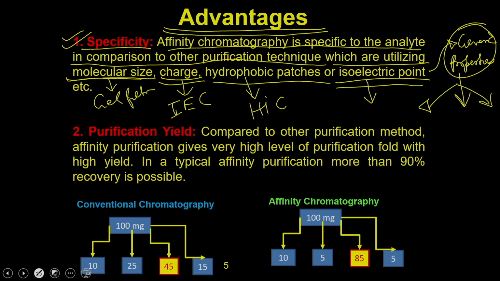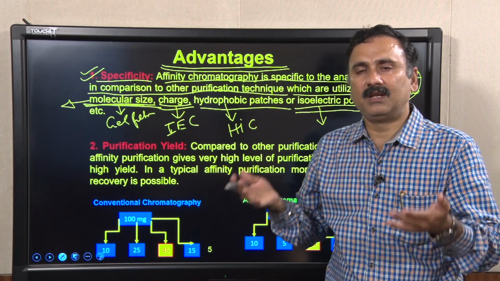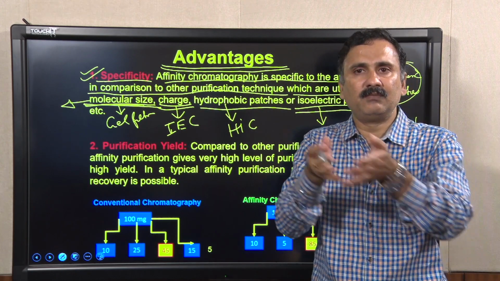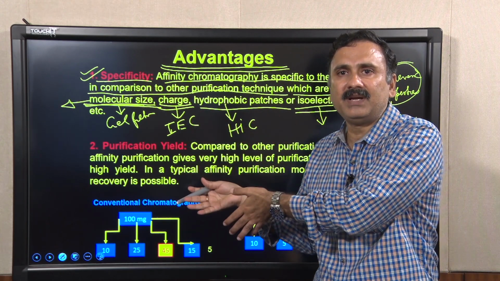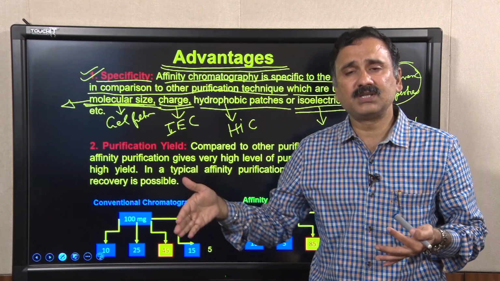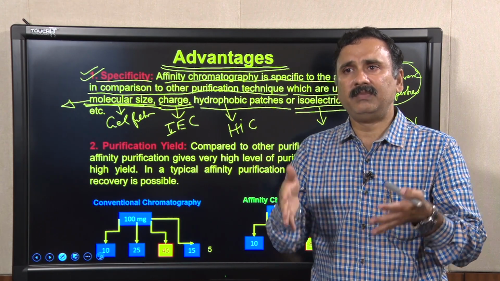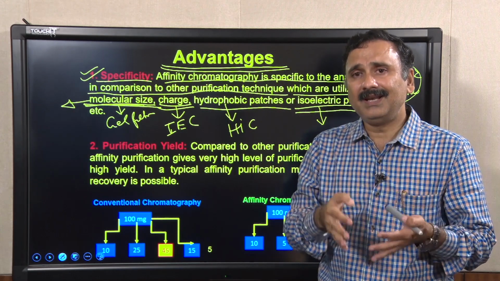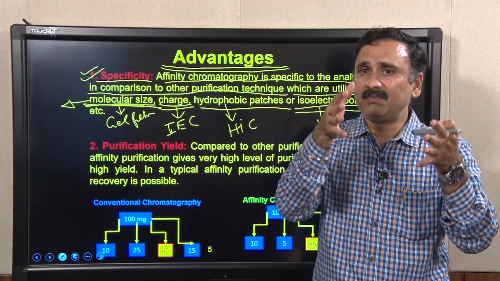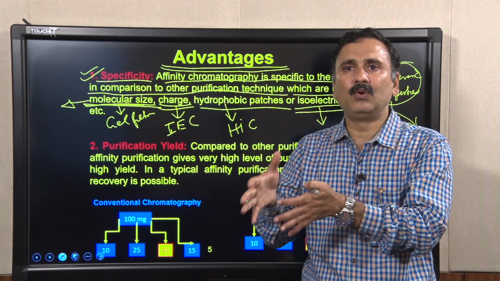If you go with molecular size, for example, every protein is going to have some size. Some proteins might be 10 kDa, some 50 kDa, some 80 kDa. Even if you run a gel filtration chromatography, it will separate the molecules based on size, but it is not going to give you the particular analyte.